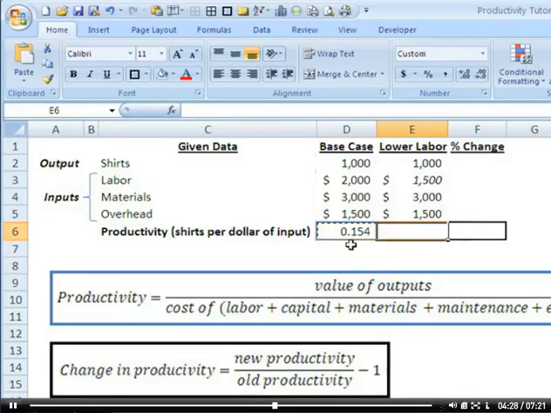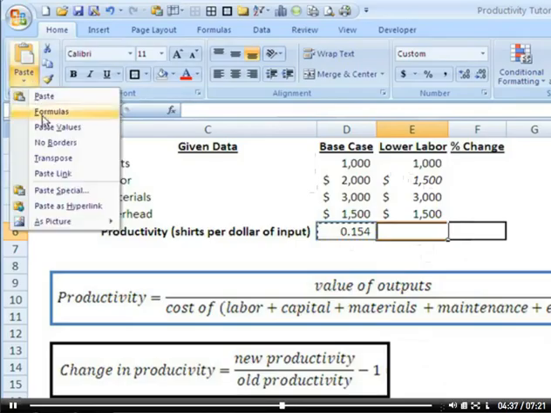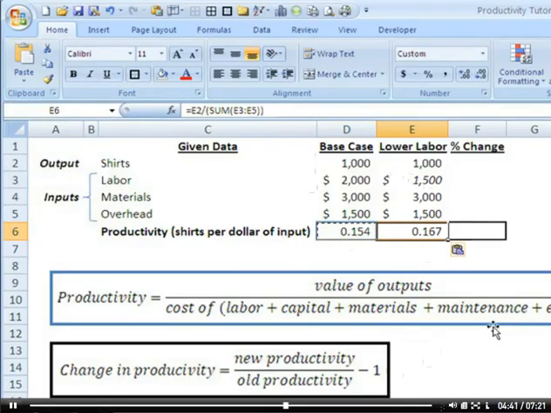In the next example, we have lowered the cost of labor by $500. And so now we can copy and paste the formula for that same productivity equation. And we see that now, for every dollar of input, we're able to produce 0.167 shirts. And so we've increased our productivity.